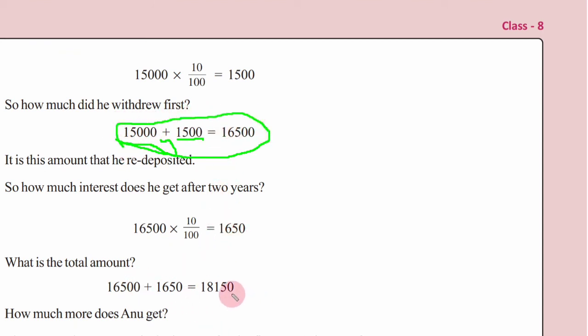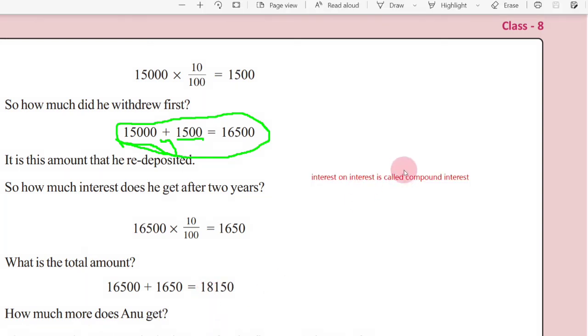That's why he got more. This method of calculating interest on interest is called compound interest.